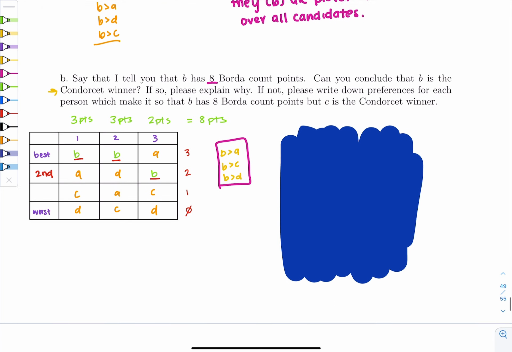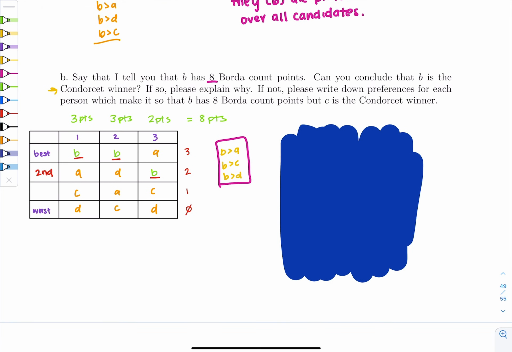Second question, same thing, except now B has 8 Borda count points. So can we conclude that B is the Condorcet winner when B has 8 Borda count points? First, let's take a look at how B actually receives the 8 Borda count points.